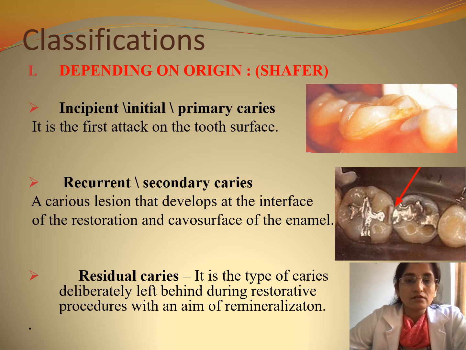Incipient caries is the first attack on the tooth surface, and recurrent or secondary caries is the one that develops at the interface of the restoration and the cavosurface of the enamel. Residual caries is the type of caries which is deliberately left behind during restorative procedures with the purpose of remineralization.